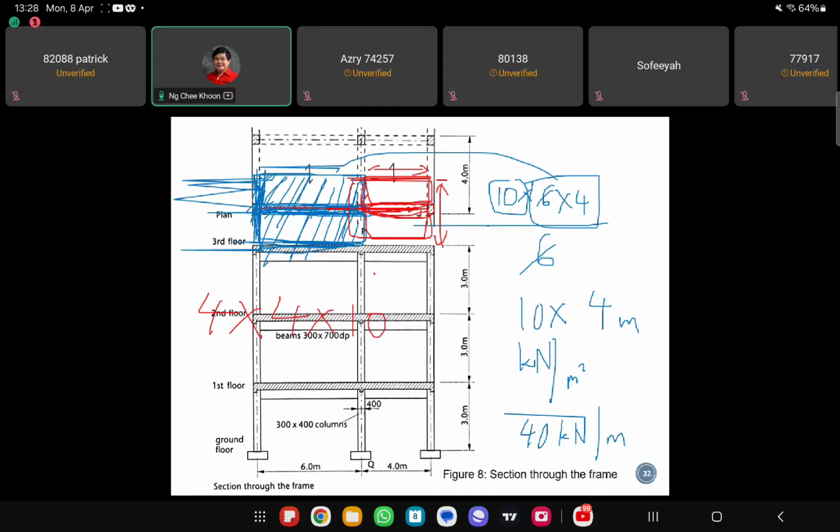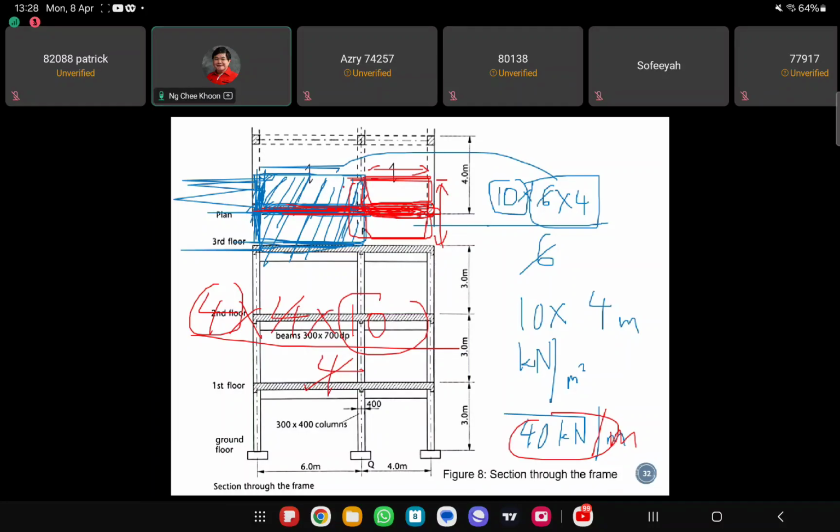But this is the total load. We want to know the load per meter length transferred to this beam. So we divide by the span again. So 4 cancel off. So it becomes 10 times 4, which is also 40 kilonewton per meter length. So in effect, it's the same thing.